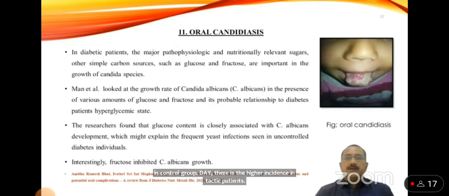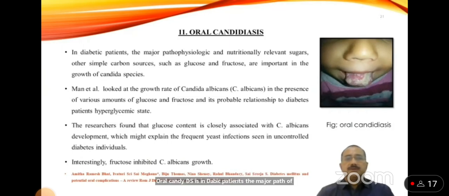Oral candidiasis. In diabetic patients, regarding the major pathophysiology and nutritionally relevant sugars, simple carbon sources such as glucose and fructose are important in the growth of Candida species. Mann et al. looked at the growth rate of Candida albicans in the presence of various amounts of glucose and fructose and its probable relationship to the diabetic patient's hyperglycemic state.